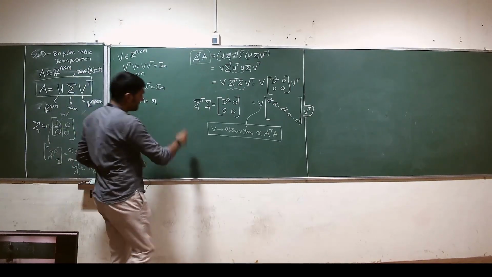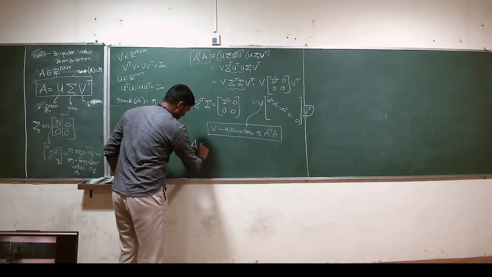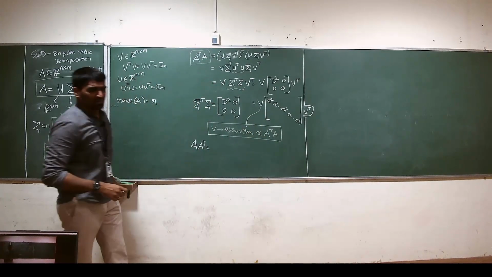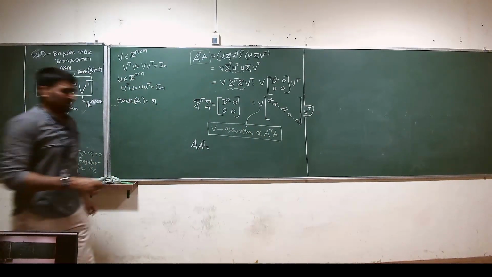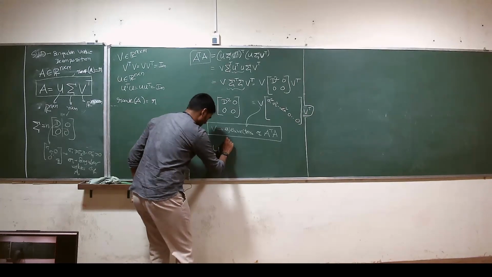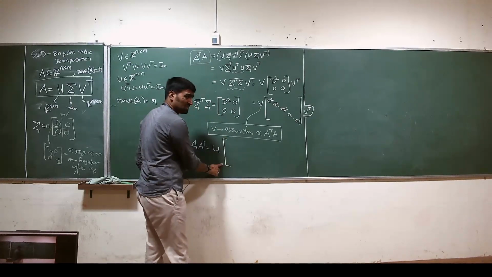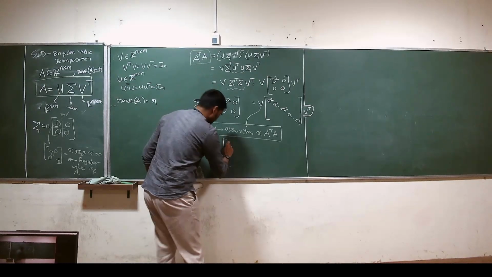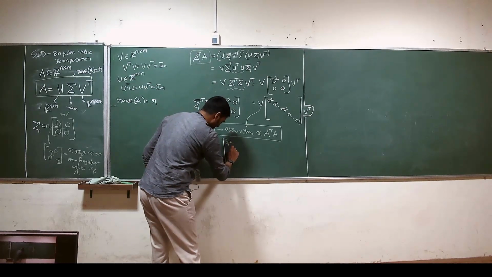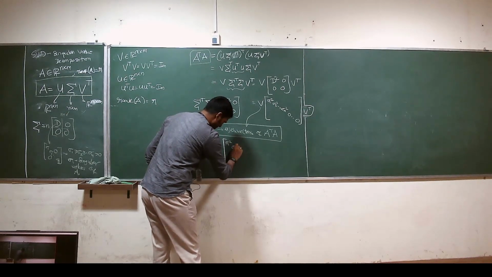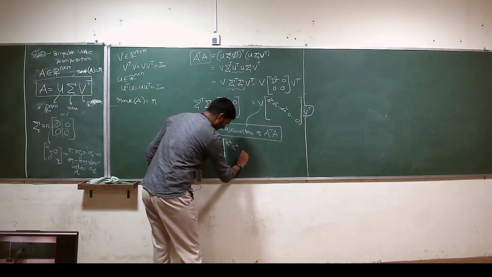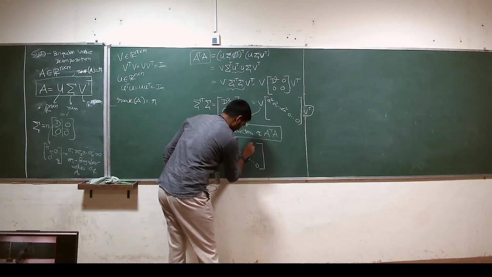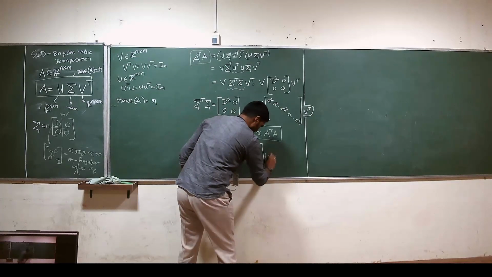Now similarly, tell me what is A A transpose. In fact, I want you to tell me in this format. It will be U times something. What will be the size of this? N cross N. So it will again be sigma 1 square, sigma 2 square, up to sigma R square, and zeros, times U transpose.